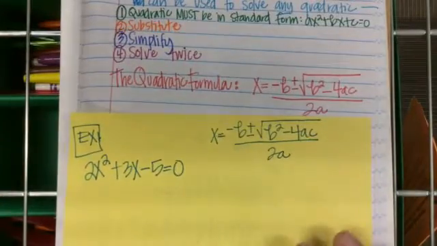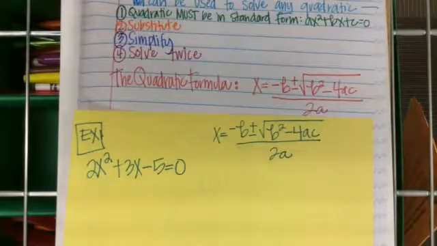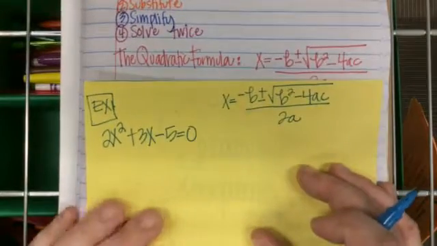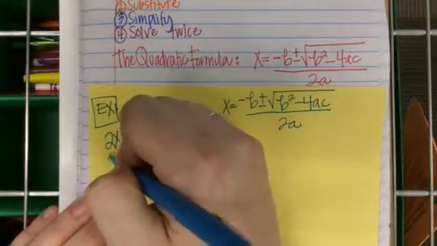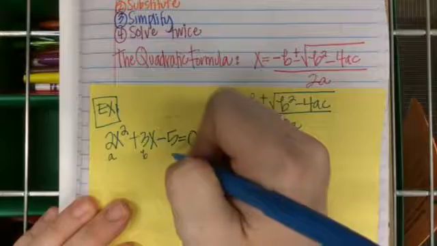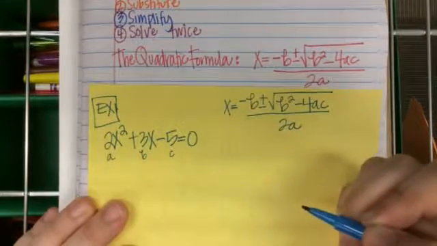So x equals negative b plus or minus the square root of b squared minus 4ac all over 2a. So we're going to substitute a, b, and c.